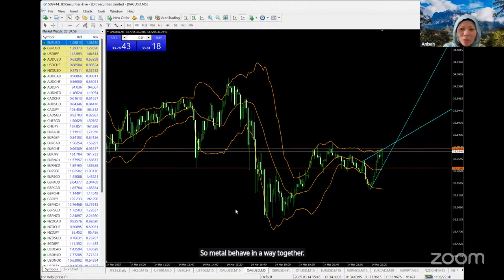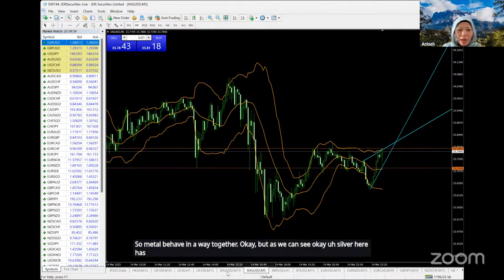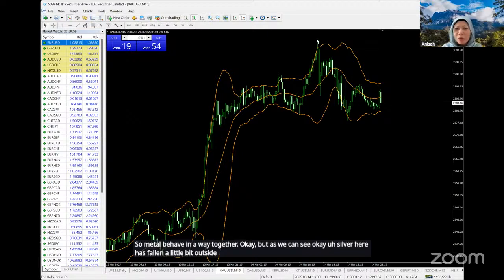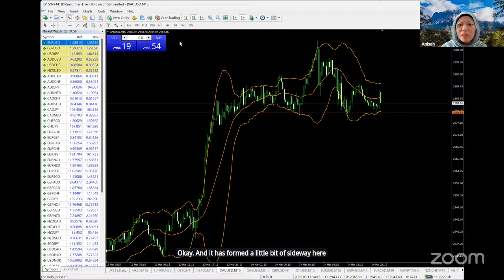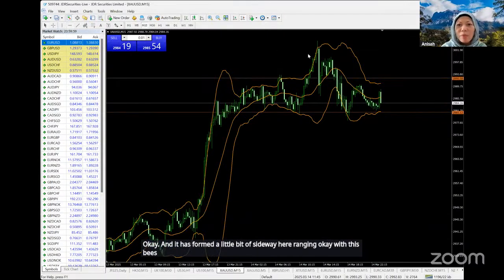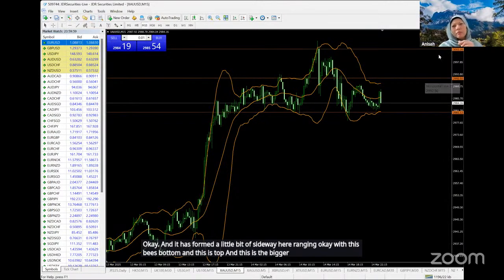But as we can see, silver here has formed a little bit of sideways, and gold broke out 3,000 last Friday and has formed a little bit of sideway here, ranging, with this base, bottom, and this is top, and this is the bigger 3,000 level. So we'll see.